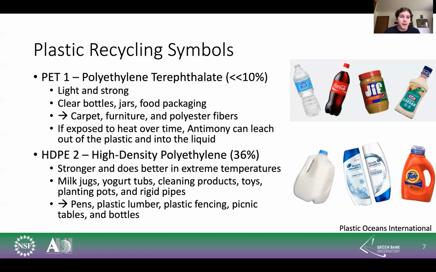It's typically opaque and found quite commonly in things like milk jugs, cleaning products, toiletries, as well as things like toys and pots and even some pipes. This plastic can then be reasonably well recycled into things like pens, lumber for fencing or picnic tables, and even newer bottles.